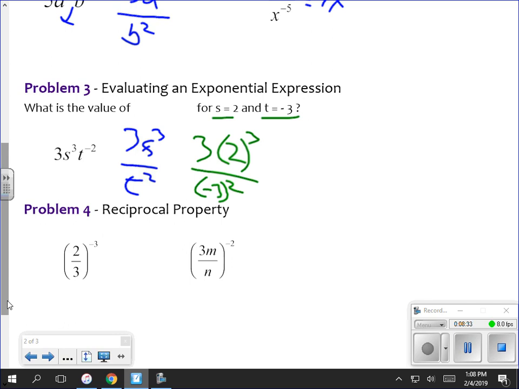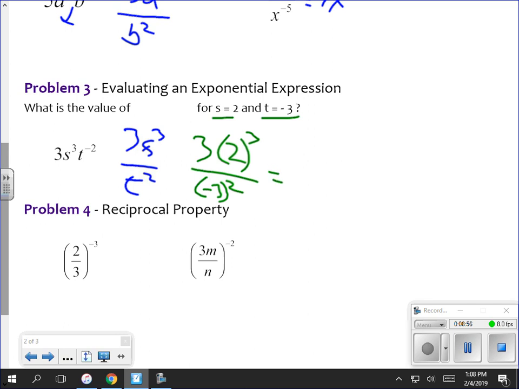So from here, remember your order of operations. Do the exponents before multiplying. You take the 2 and cube it, then multiply times 3. You do not multiply the 3 times the 2 and then do the powers. Exponents first.